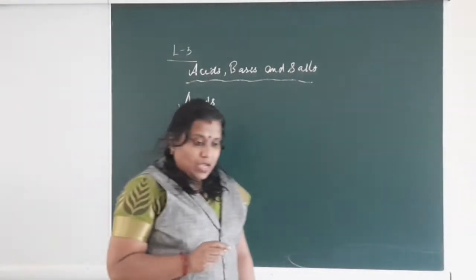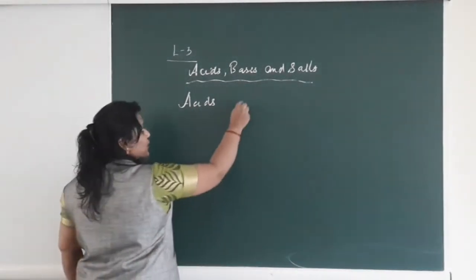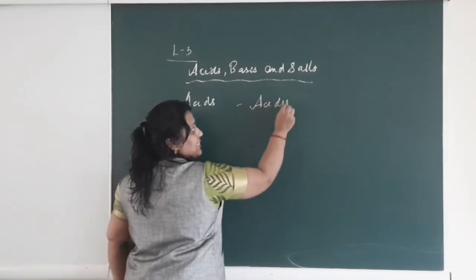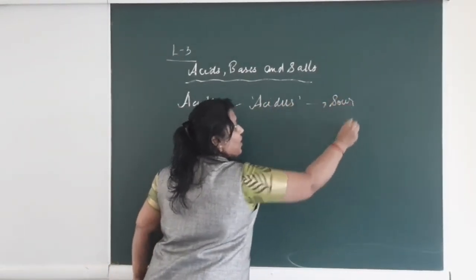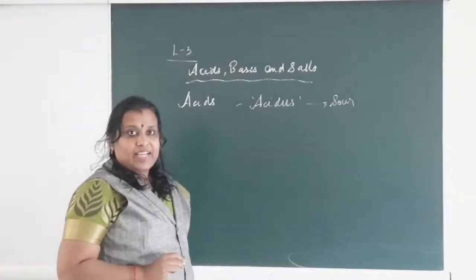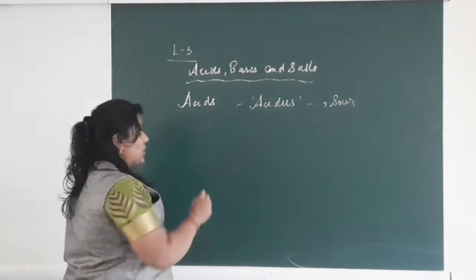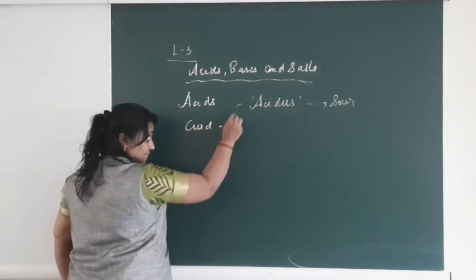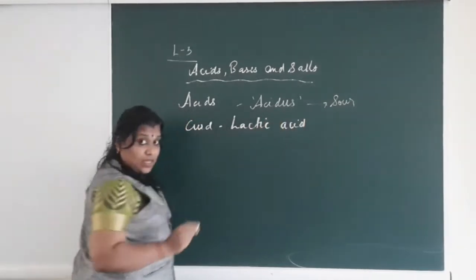Acids have been derived from the Latin word acidus, which means sour. Something which is sour is acidic in nature. You all know that curd has lactic acid. It is sour.